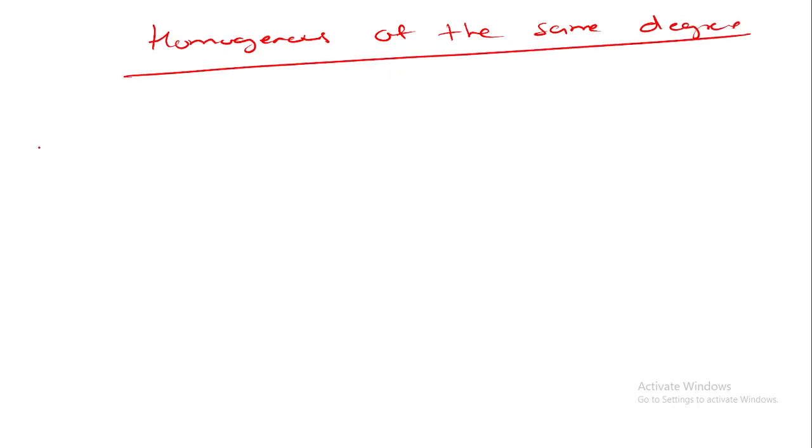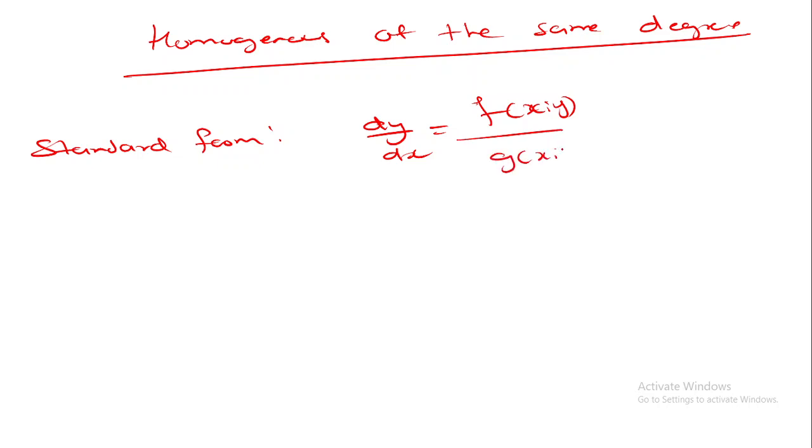So just a quick recap on what we covered: we have homogeneous of the same degree. I mentioned that the standard form is given by dy over dx equals f of xy all over g of xy.